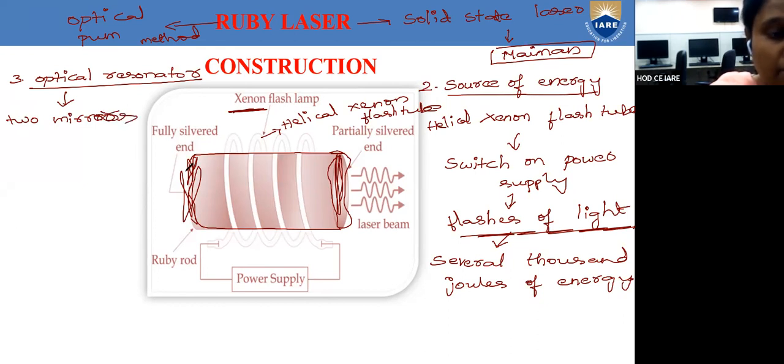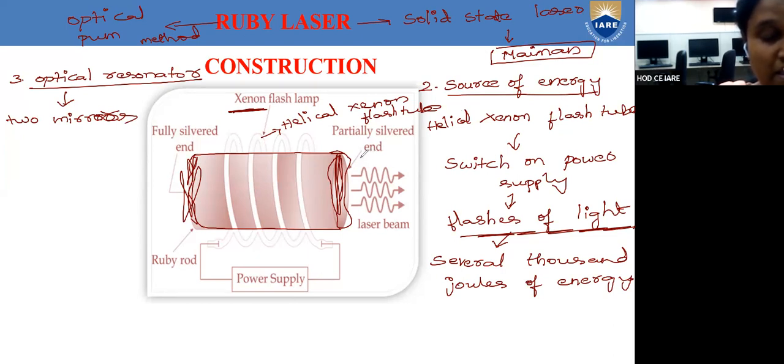First, they are polished smoothly and silver painted in such a way that one end is fully reflecting and the other end is partially reflecting. So I'm not going to go for an extra arrangement of mirrors. The end faces of this ruby rod are polished and silver painted.